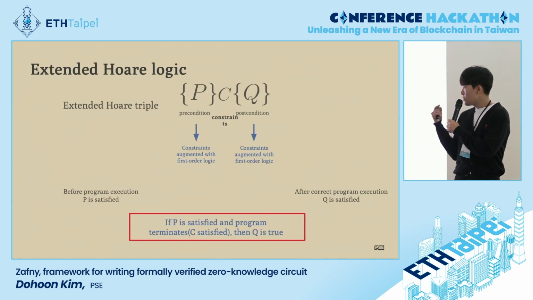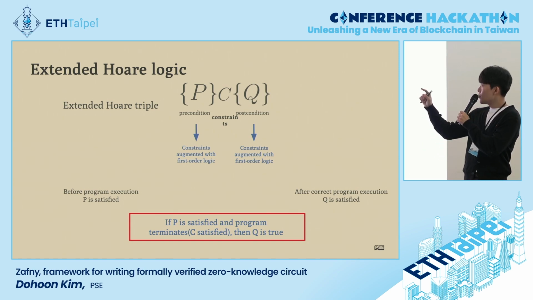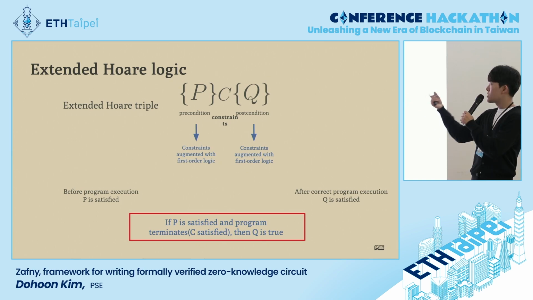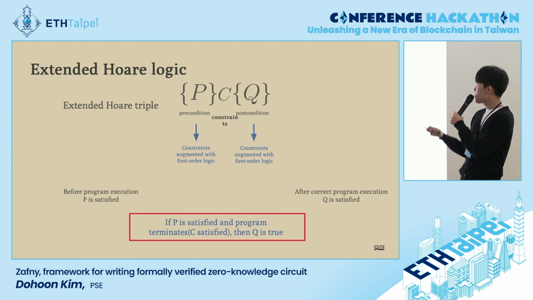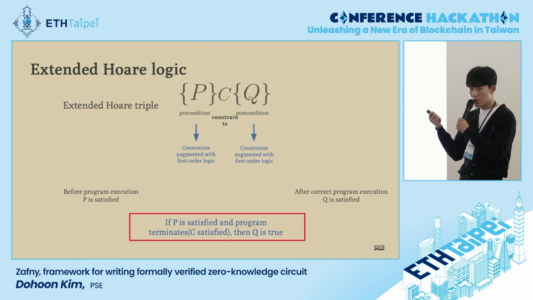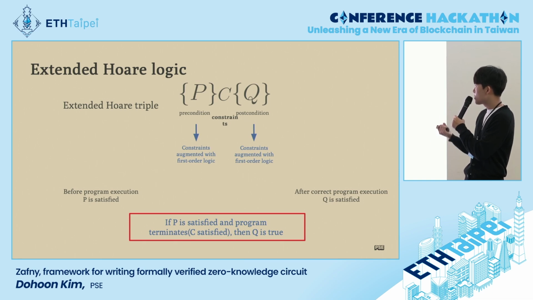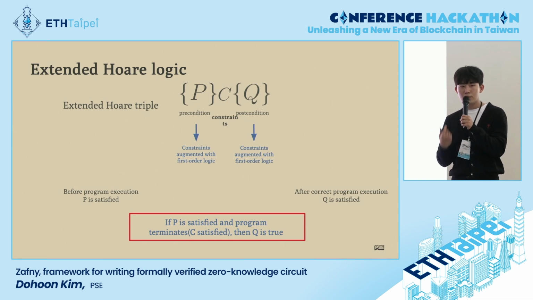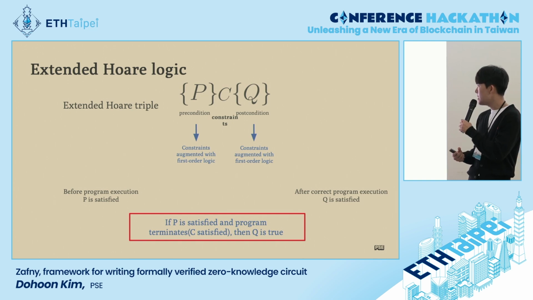In order to achieve this, we propose a new extended Hoare logic system. Now we can think about this new extended Hoare triple like this. We still have a precondition and postcondition, and instead of just a general program, now we have constraints. The precondition and postcondition are polynomial constraints augmented with first order logic.